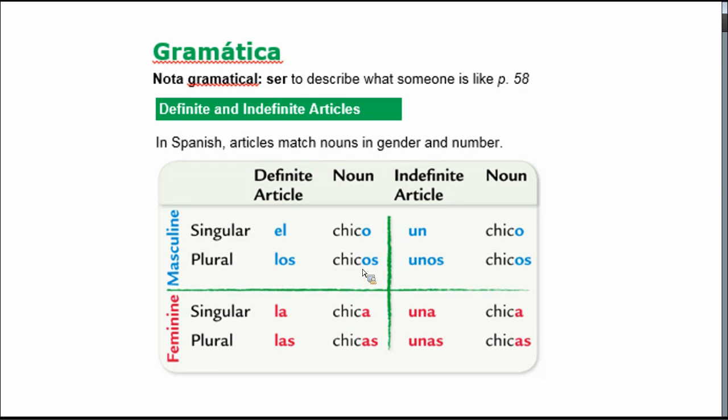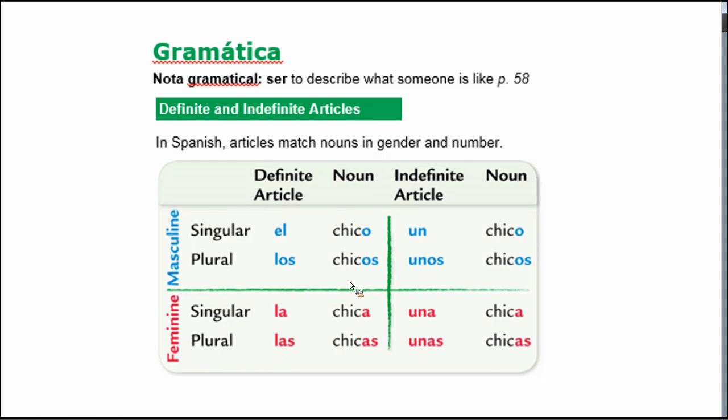Not always, but usually. If it ends in A, it usually is almost always a feminine word. Okay, so all that really means is you pick the articles that go with it, whether it's masculine or feminine. Okay, and we'll go over these more as we go through the lesson today. This is just kind of an overview right now.